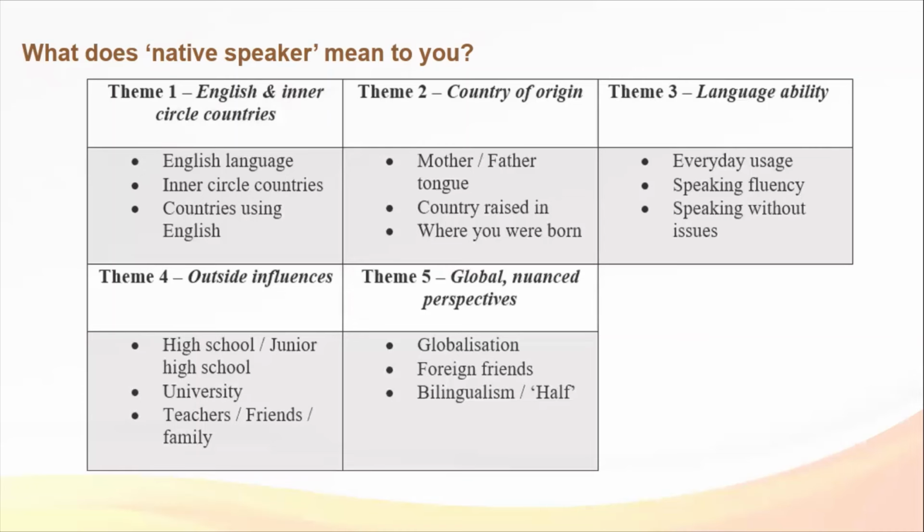And theme 5, which is quite an interesting theme, was there were more global and nuanced perspectives held by many participants, which reference globalization, foreign friends, bilingualism, Hafu, which is a Japanese term. It means people of mixed heritage. So you have parents from different countries, that kind of thing.